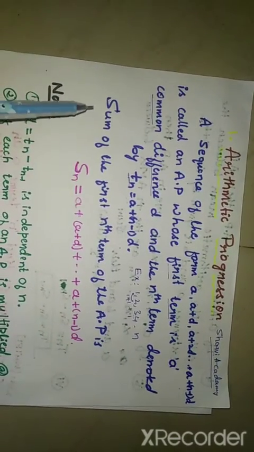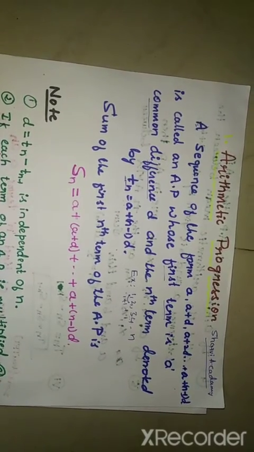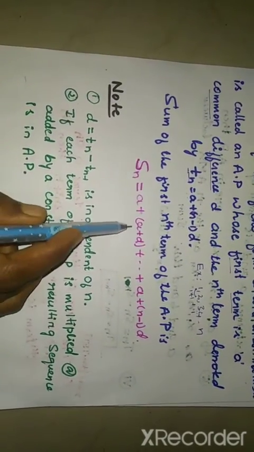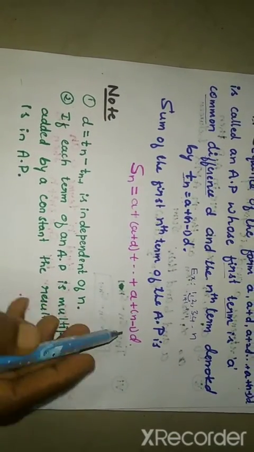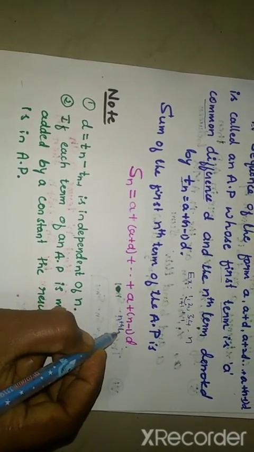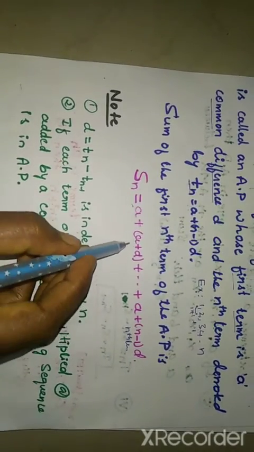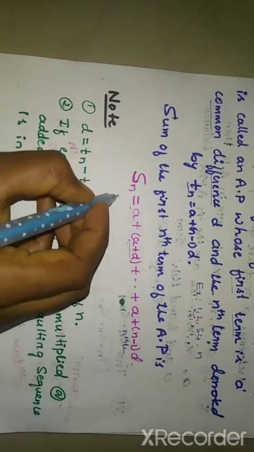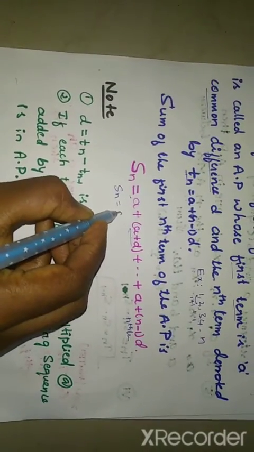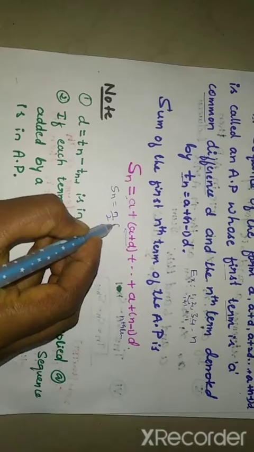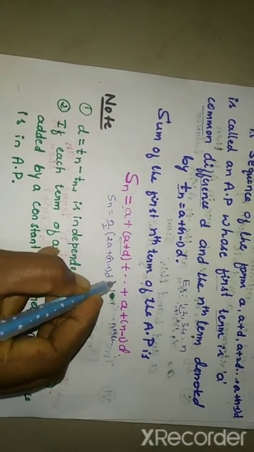Next is the sum of the first n terms. The formula is Sn equals a plus the second term, that is a plus d, up to the nth term. The first element is called the first term, then the second term, up to the nth term. The simplified version of this is n by 2 times (2a plus (n minus 1) into d).